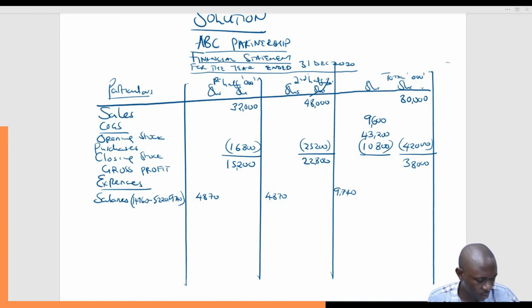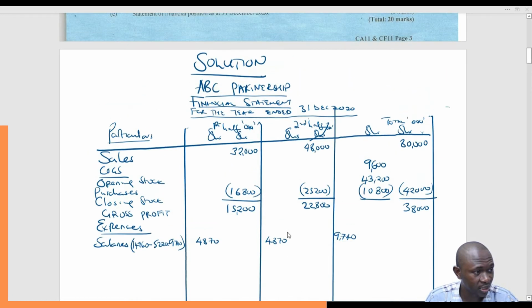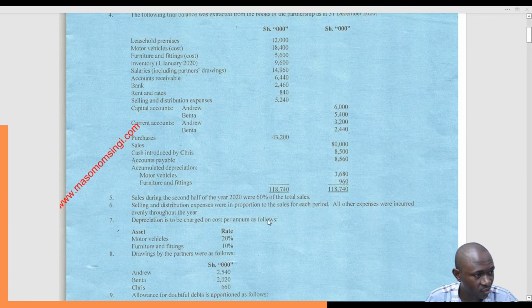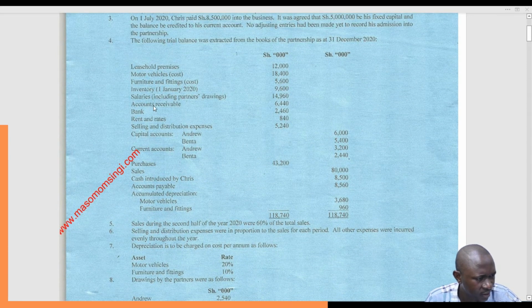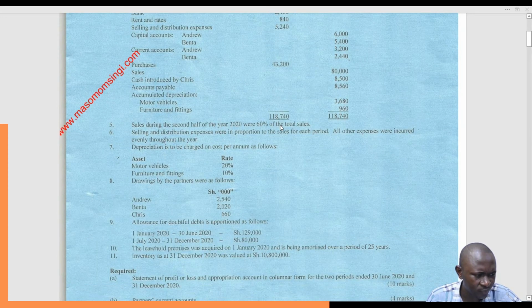We proceed. So we move to the second expense. Salaries, we are done with that. We have rent and rates. How much is it? 840, and we've been told that it's only selling and distribution expenses that are in proportion to the sales for each period.